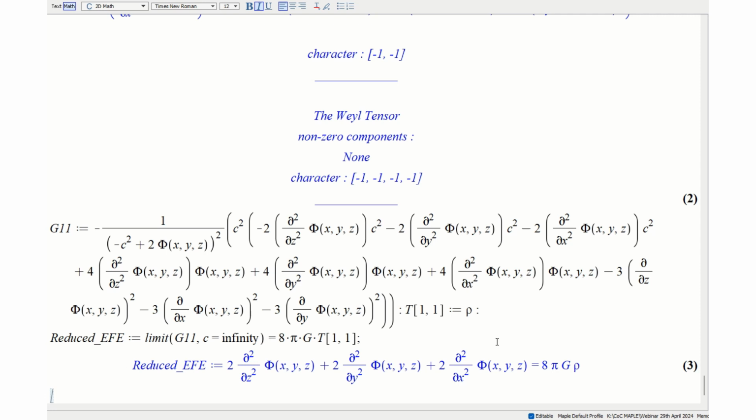So here you can see the equation, del square phi equal to 4 pi rho g. Here 2 is appearing on the left hand side and 8 is appearing on the right hand side. So you can divide the equation by 2 and we obtain Gauss law.